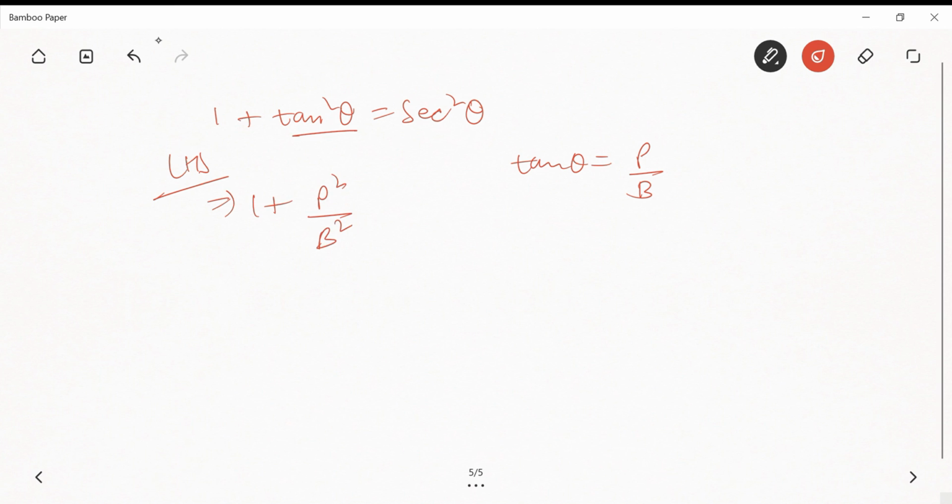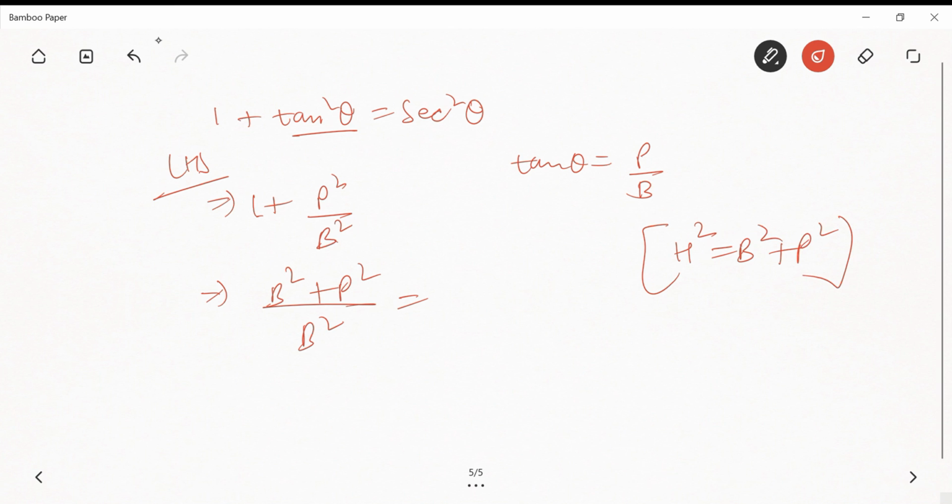In place of tan square theta, we write p square by b square. Now we will take the LCM and we will get b square. 1 into b square gives b square, that is base square plus perpendicular square. Now again we will use the Pythagoras theorem, that is h square is equal to b square plus p square. So in the numerator, we will get hypotenuse square divided by base square.